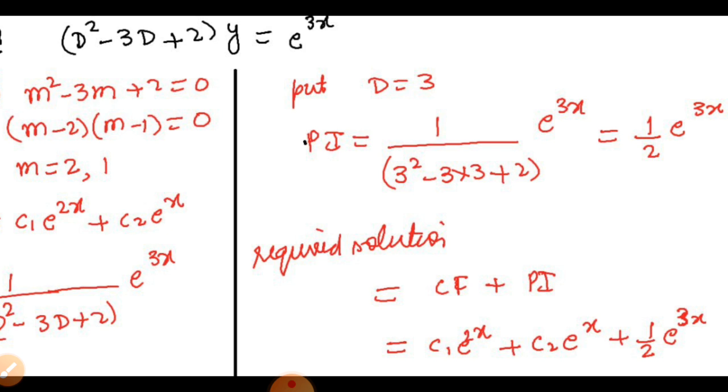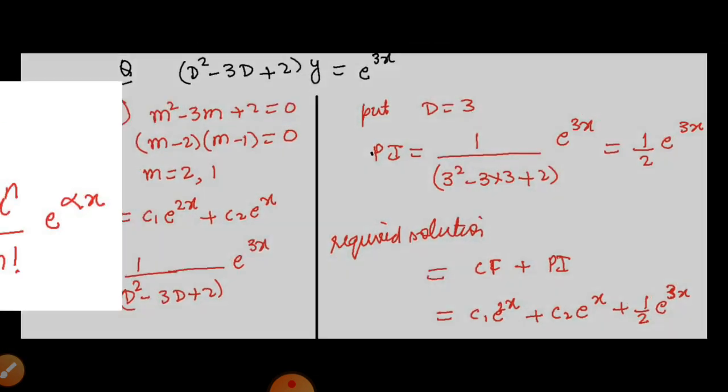So here we see that first we try to put the coefficient of x from the exponential into our operator or the characteristic equation. If it is non-zero, then our solution will be obtained easily. But if, by putting D equals 3 in this expression, we obtain a 0 term, then we cannot write a solution like this, as it will be undefined.